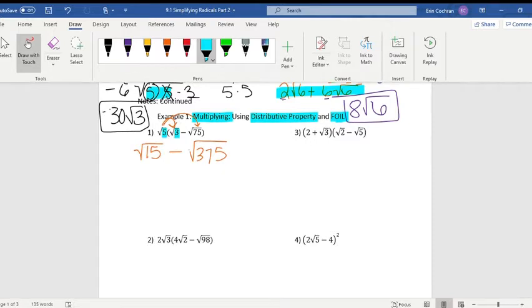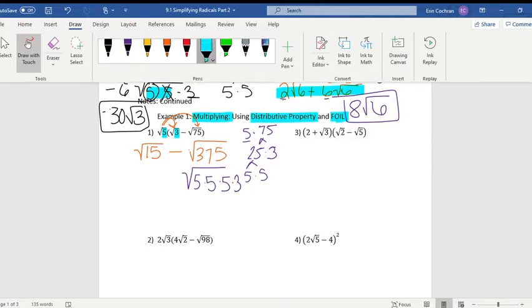But 375, we took 5 times 75. And 75 can be broken down to 25 and 3, excuse me. And 25 breaks down to 5 and 5. So 375 is 5 times 5 times 5 times 3.